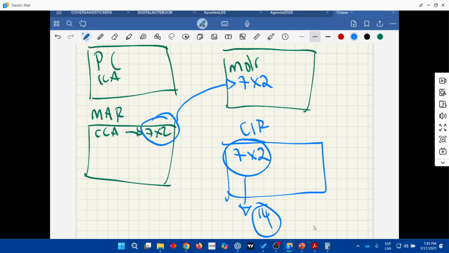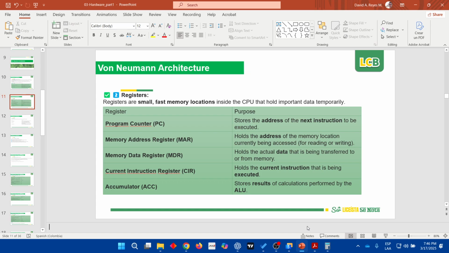And this one, you have the instruction that you are going to take that 14 to the Agora. And here you have the 14 in the MDR that is going to be transferred to, not transfer from. This is transfer from, and in this way is transferred to. So that means that here you are going to have the 14. Okay? So I really hope that you are understanding.